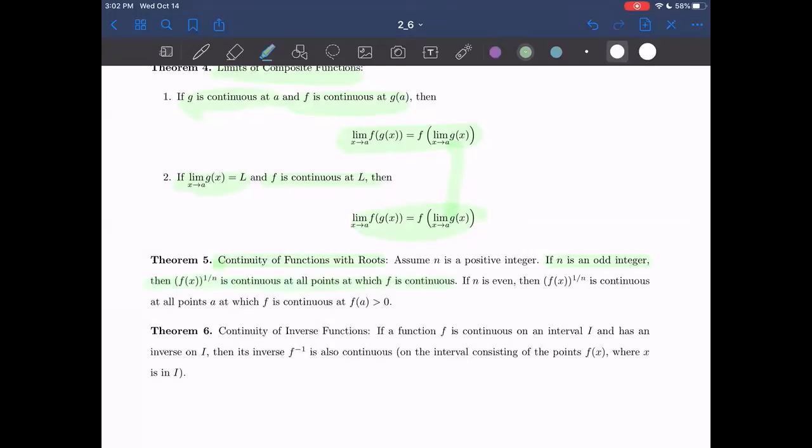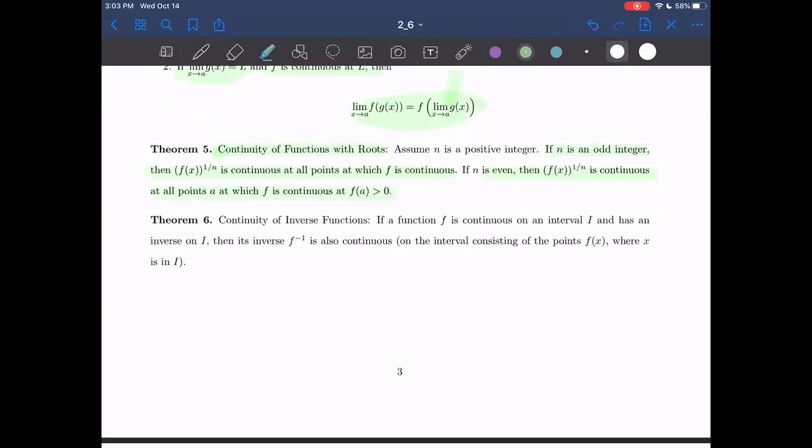If it's an even root, then that root of the function is continuous at all points where the inside is greater than 0. Again, that is the same as with checking domain. A lot of these are very, very similar to domain.